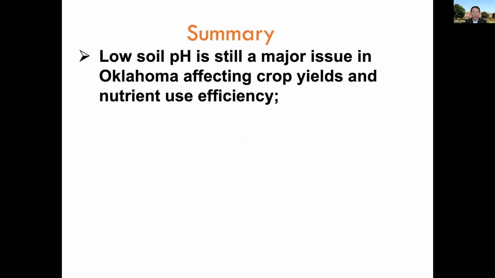So just quickly to sum it up, when soil pH is low, there's going to be a problem because it affects crop yields and nutrient use efficiency. As some people have been saying, when aluminum goes high, the yields go low.